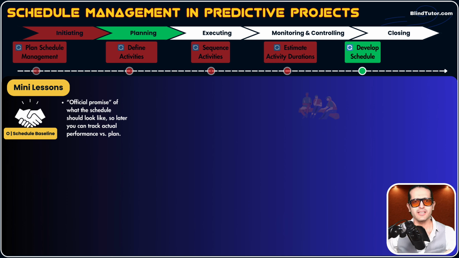The schedule baseline is the official promise of what the schedule should look like. So later you can track actual performance versus the plan, okay? If things go off track during execution, this is what you compare with. That's why it is called a schedule baseline. It will look something like this.